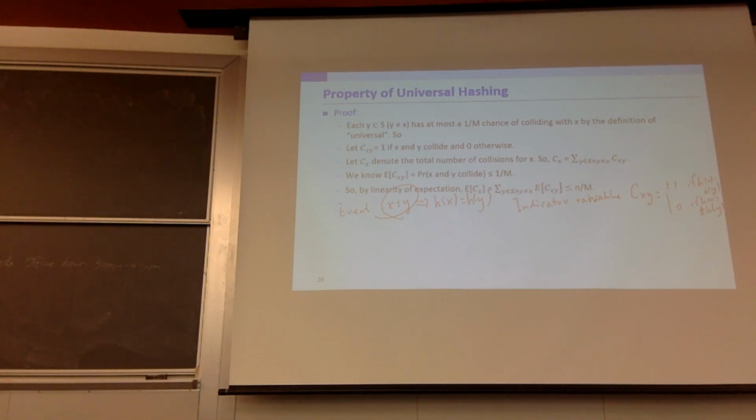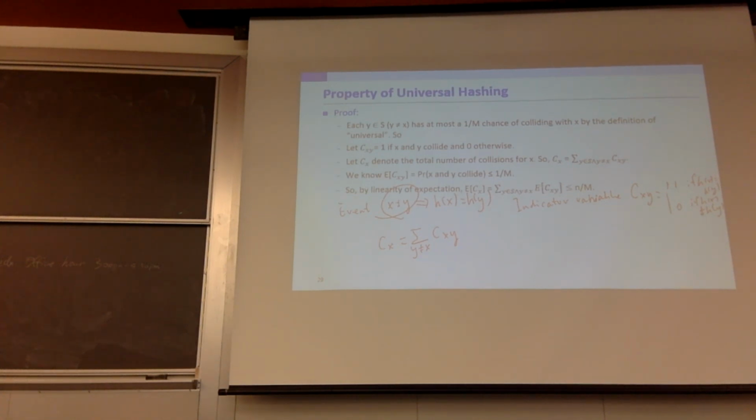Then if we add up all the indicator variables for every y different from x in S, this gives us C_x. If you think about it, C_x is the number of collisions given a hash function. If y has a collision with x, then C_xy is going to be 1, so you add those ones up and you get the number of collisions with x.